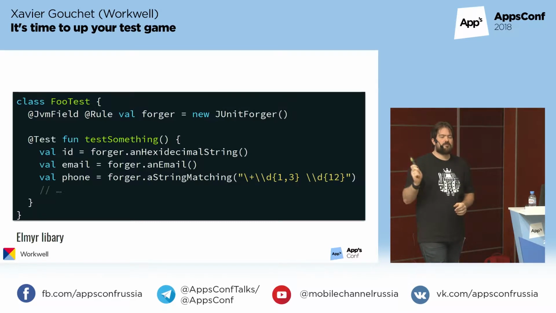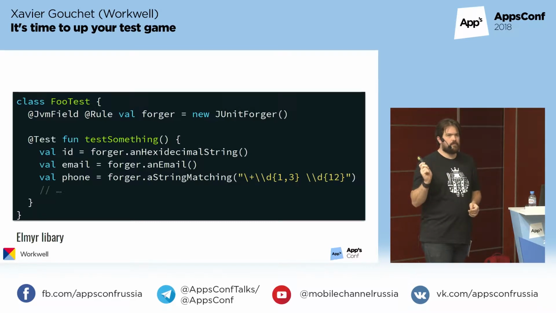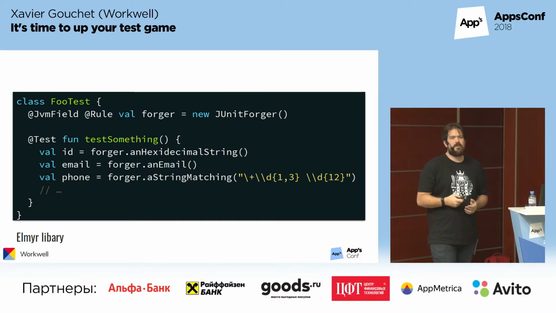I have created a Kotlin library called Elmer that actually helps to do this. You can include it very easily inside a JUnit test, and you have a lot of helpful methods to generate numbers, strings, arrays, and lots of other things. Here are just a couple of examples.